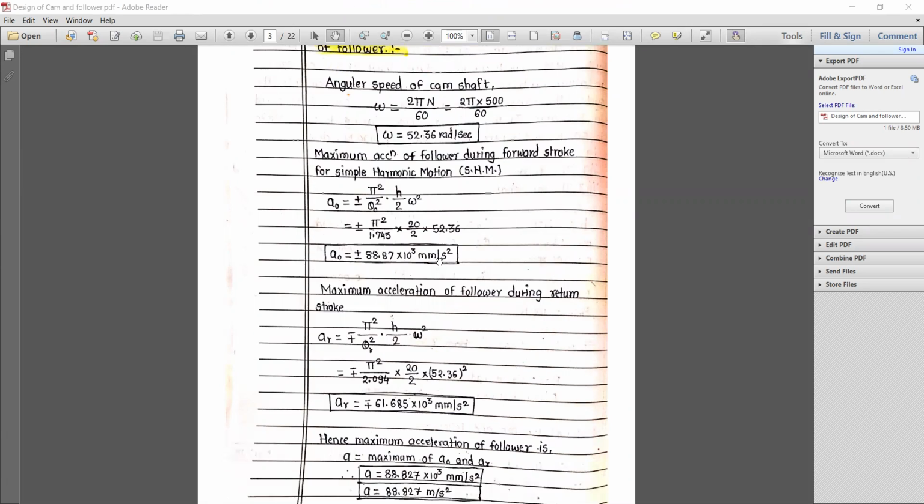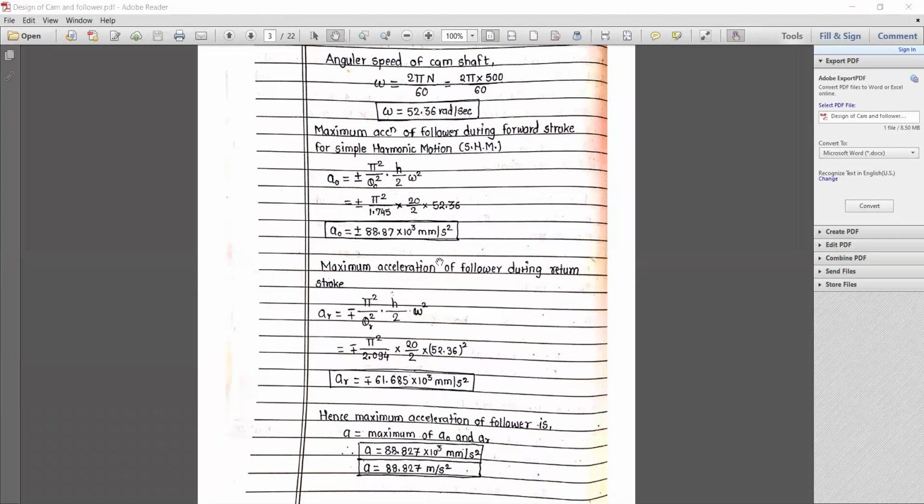Now the maximum acceleration of the follower during the forward stroke for simple harmonic motion is given by a0 equals plus minus pi square divided by theta 0 square into h by 2 into omega square, where theta 0 is the rising angle, and it should be in radians.